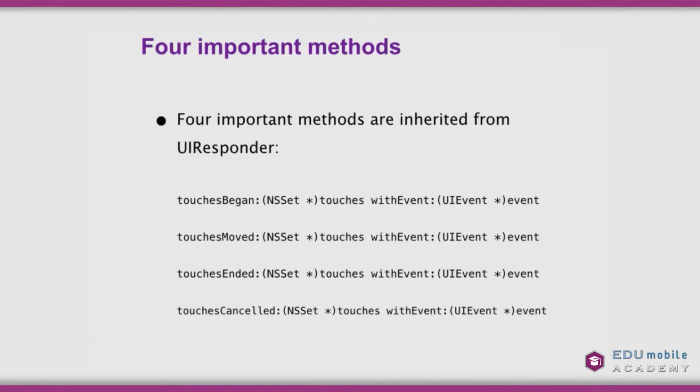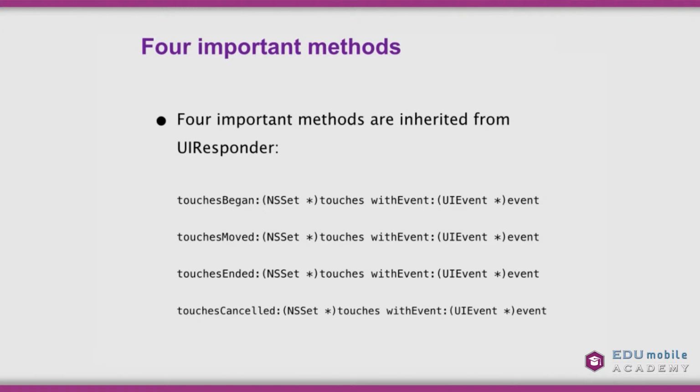There are four important methods when we're dealing with touches, and these are all inherited from UIResponder: touchesBegan withEvent, touchesMoved withEvent, touchesEnded withEvent, and touchesCancelled withEvent. And they all do what they say they do. When touches begin on the screen, we will fire a touchesBegan event.